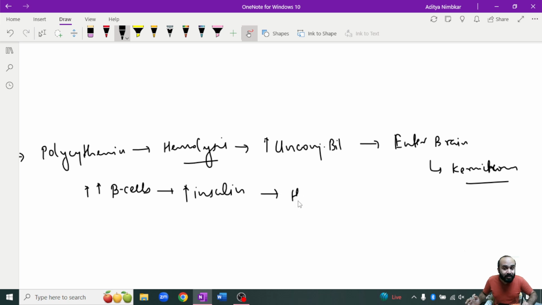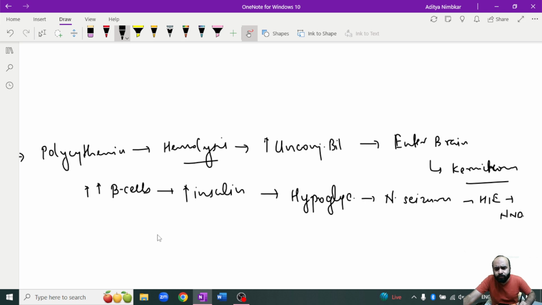This imbalance leads to hypoglycemia in the fetus, because insulin exceeds the amount of glucose that is coming in, especially for a female who is unable to lactate for the first day or two. This baby is not getting enough glucose from its mother either. So this leads to hypoglycemia. This hypoglycemia can lead to neonatal seizures, and this can lead to HIE and neonatal death.